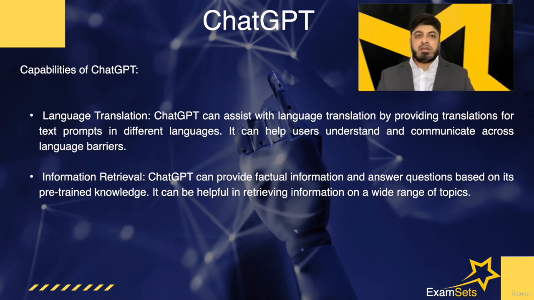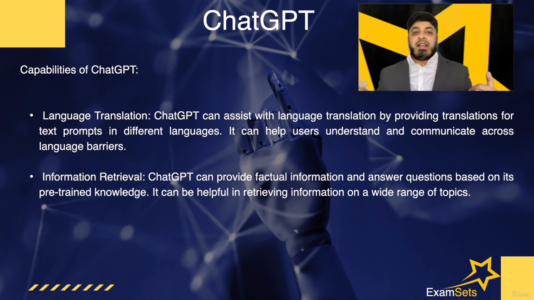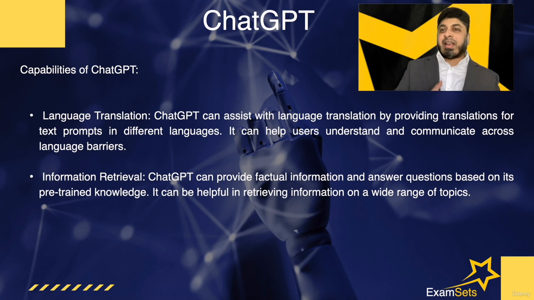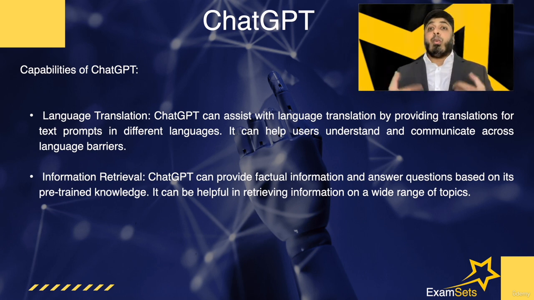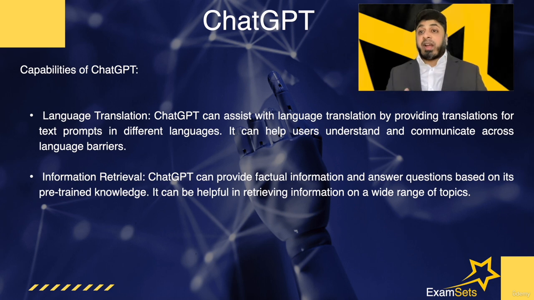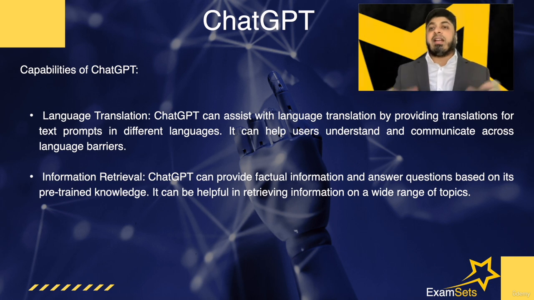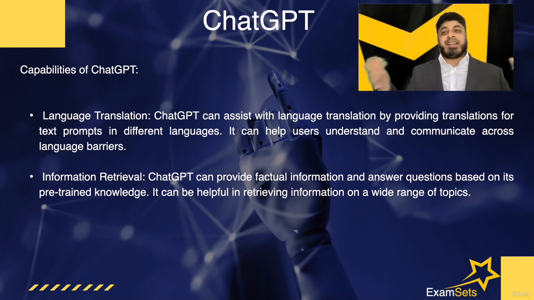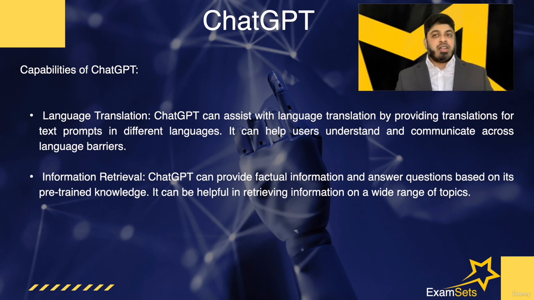Language translations. With the help of ChatGPT, we can ask it to translate from one language to a different language. ChatGPT can assist us with language translation by providing translations for text prompts in different languages. It can help users understand and communicate across language barriers. I can ask how to say hello, how are you in French, and it will give me that.